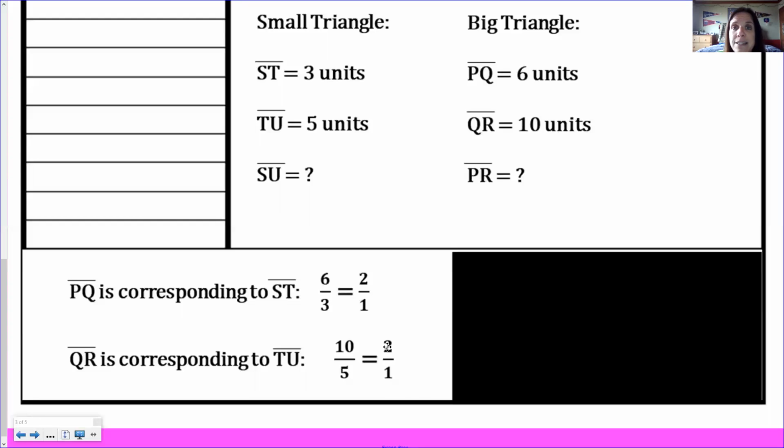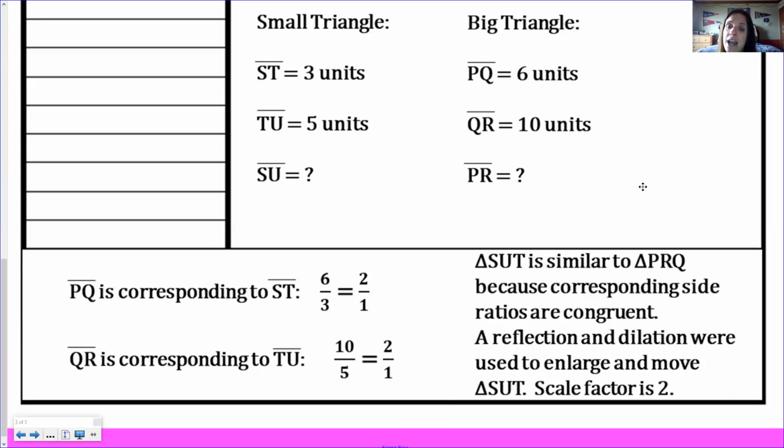The ratio is the same. And what we said about that is when you have the same ratio, the same scale, the same K, you have similar triangles. So then you would say triangle SUT is similar to triangle PRQ because corresponding side ratios are congruent. Use your math vocabulary.